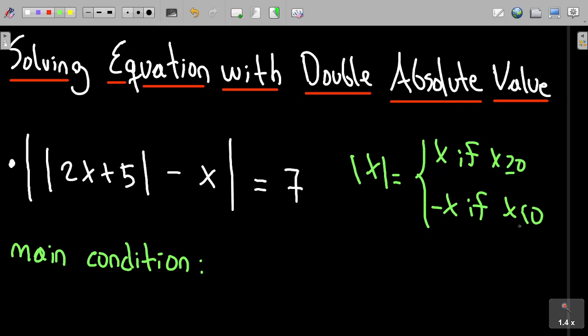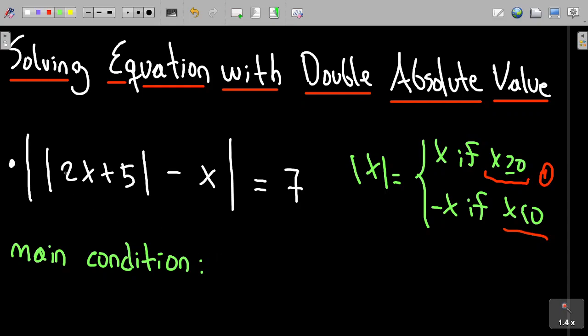So the main condition could be x bigger or equal than 0, or just x less than 0.